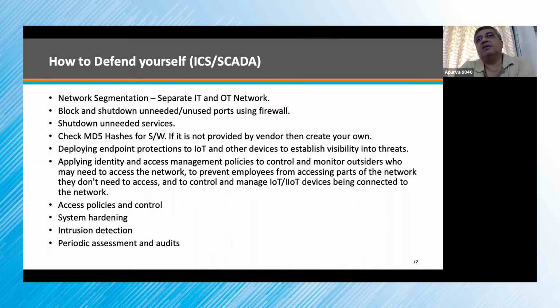If you don't have a system available, you might have to do it manually, but you need to have this policy in place, because you do not want outsiders to get access to your network, and you need to control employee access to the system. That's where it is important to have an identity and access management policy in place.